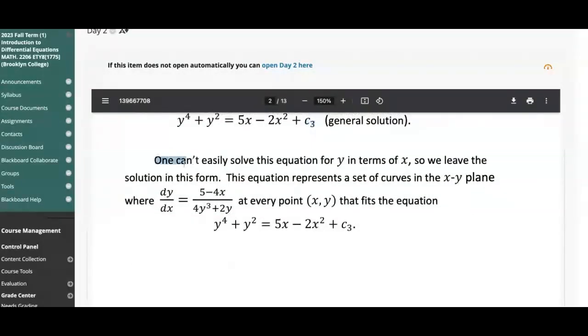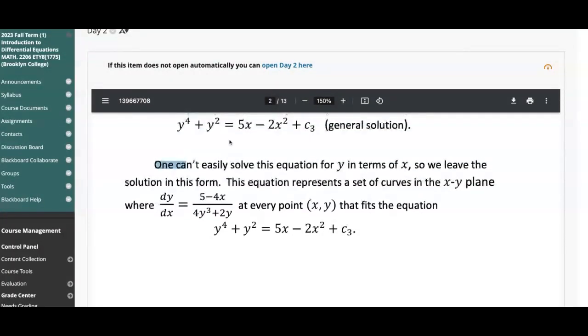Okay, let's read this remark. One cannot easily solve this equation for y in terms of x. So we leave the solution as it is. It's an equation, that's okay. This equation represents a set of curves in the xy plane, at every point that satisfies this equation.